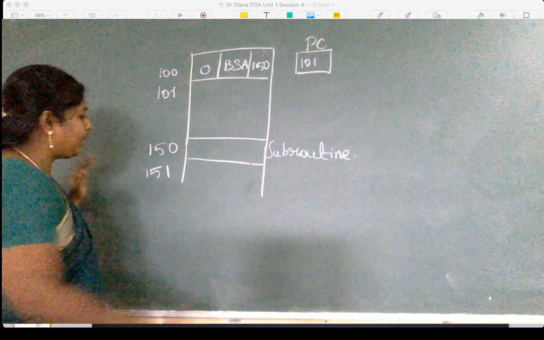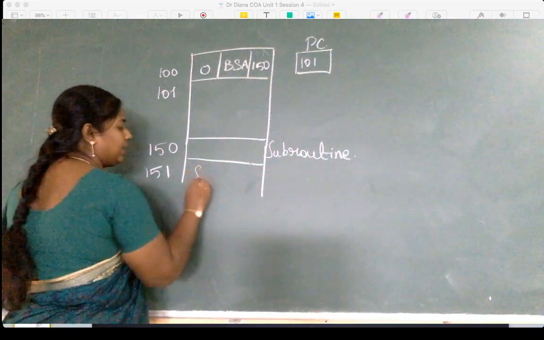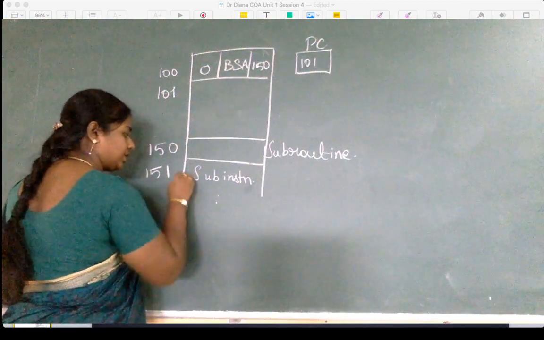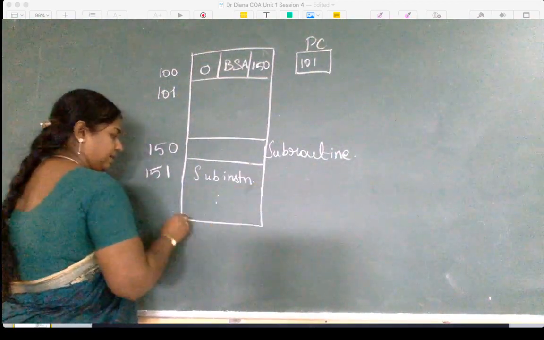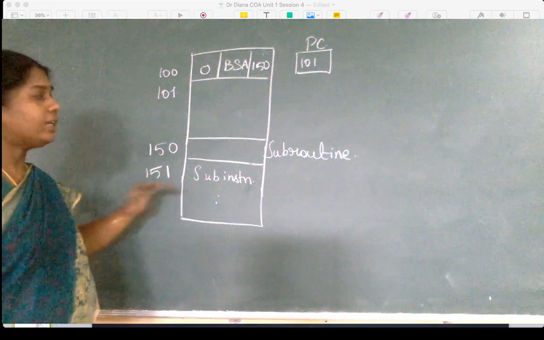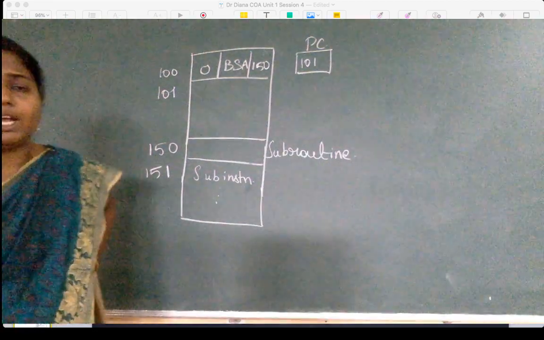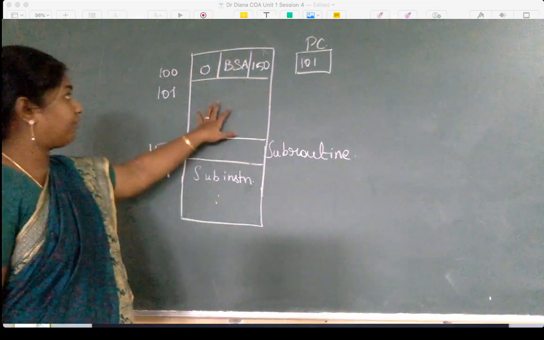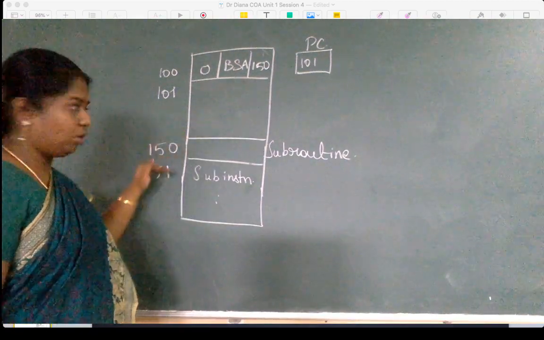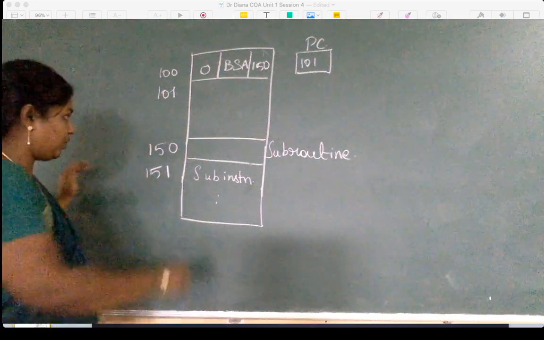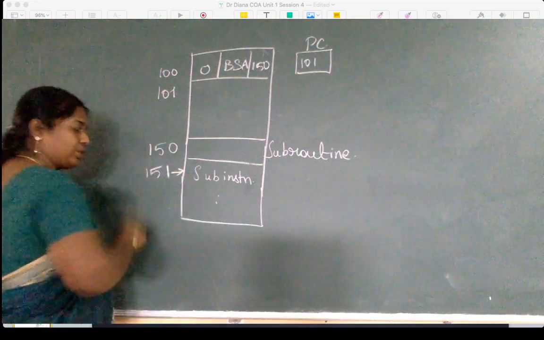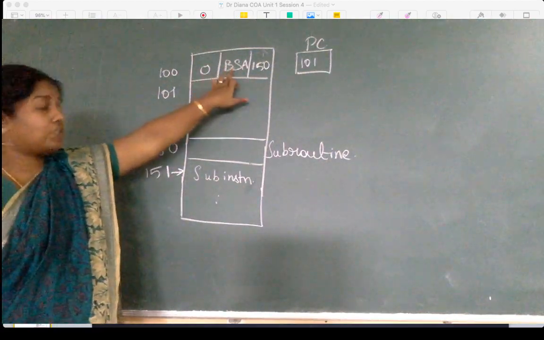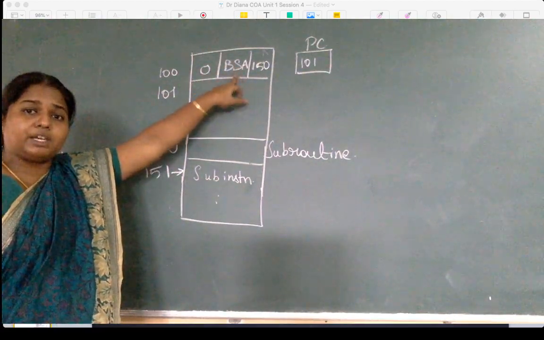So at 151, I can start with my subroutine instructions. So I have a set of instructions that indicate my subroutine. When I execute the branch and save return address instruction, I have to send my control to this particular location 151, and the instruction says that I should save my return address.